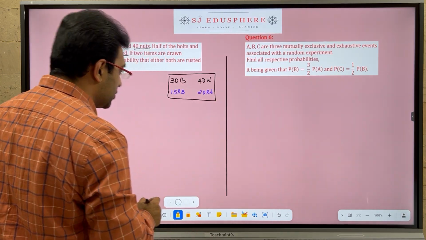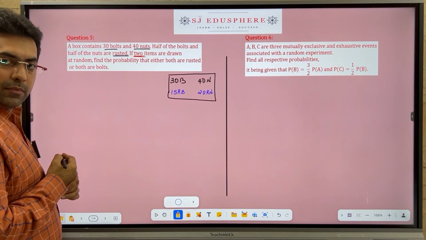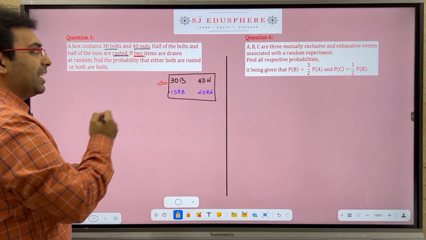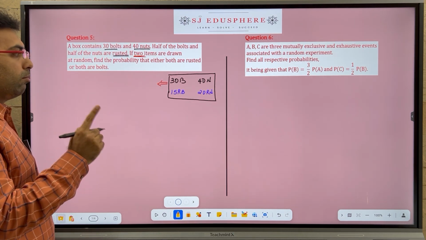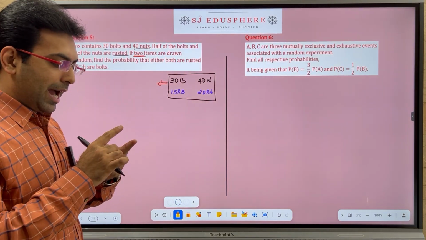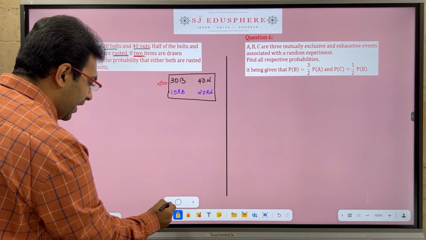Now read the question. Two items are drawn at random. You are selecting two items from the box. Find the probability that both are rusted or both are bolts. What are you interested in? You are interested either in a rusted item or you're interested in bolt. So let's define.